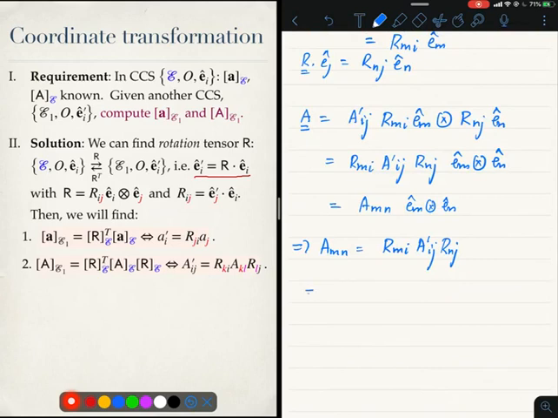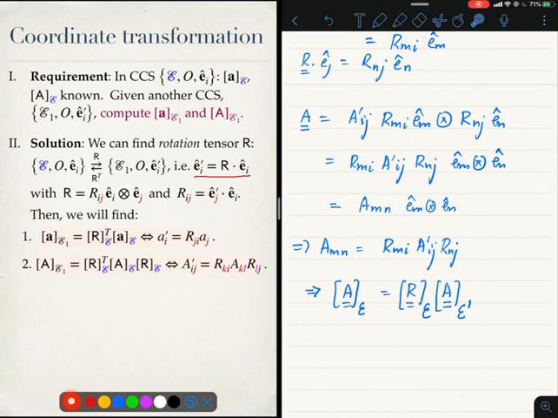So that means I can now write this in terms of matrix notation, which is this on the left side. A_mn is really the components of A in E, and that is equal to the components of R in E. The middle one is the components of A in E prime. And now look, j, j.